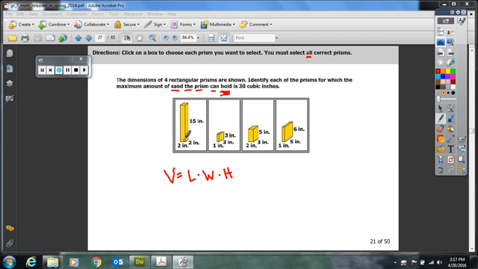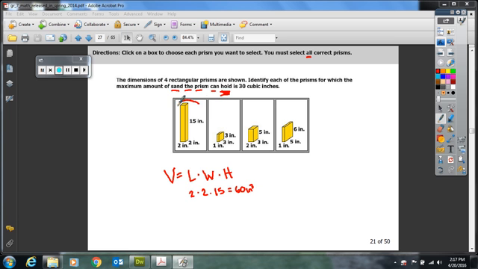But they have to be able to hold 30 cubic inches. So if we look at our first prism and we plug in the information we're given into our formula, let's see. The length of this prism is 2. The width of this prism is 2. The height of this prism is 15. When I multiply all those together, that gives me a total of 60 cubic inches, which is certainly enough to hold 30 cubic inches.